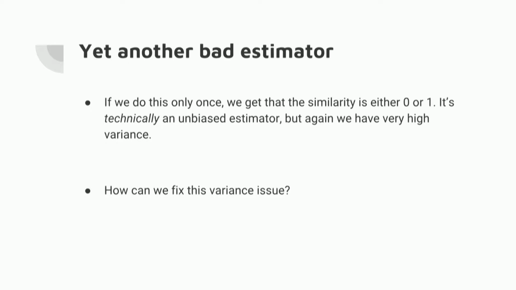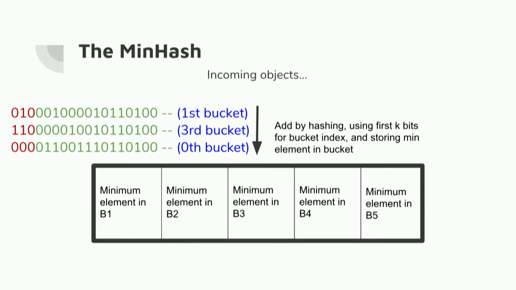Well, be not afraid. A lot of the issues here were also present in HyperLogLog, and we were able to solve those. So how can we fix these issues? Do the same thing that we did in HyperLogLog: hash everything and put the elements in buckets. Do the same experiment a ton of times, and then take the average, and it's going to work out. The way this would work is, again, we're getting a stream of elements.